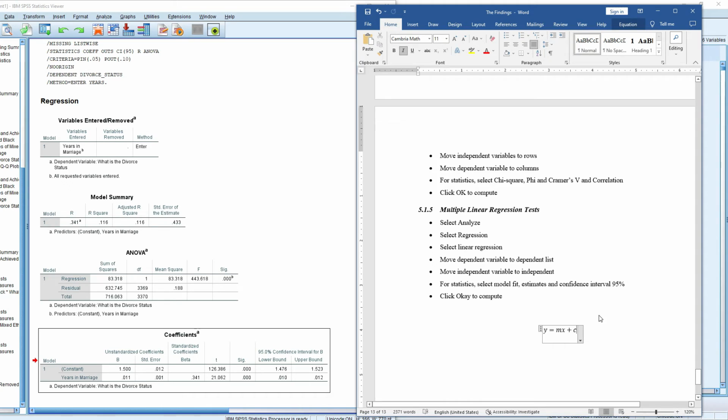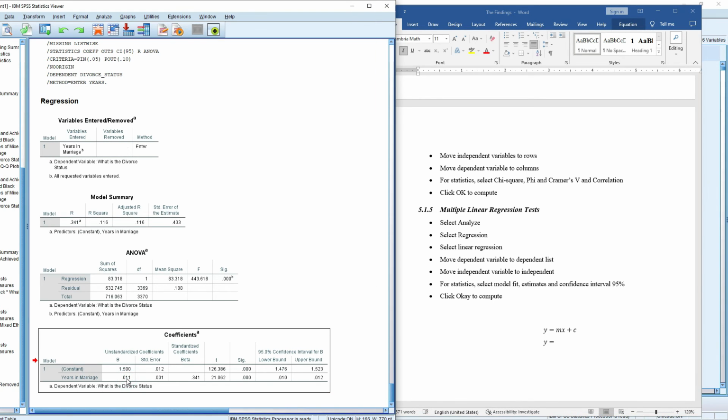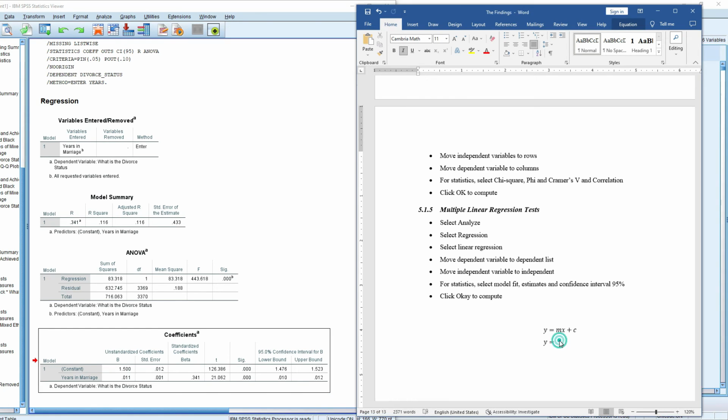So as I minimize this, you'll note that y, which is the divorce status, equals m, which is 0.011. So coming to this, I type it here, 0.011.